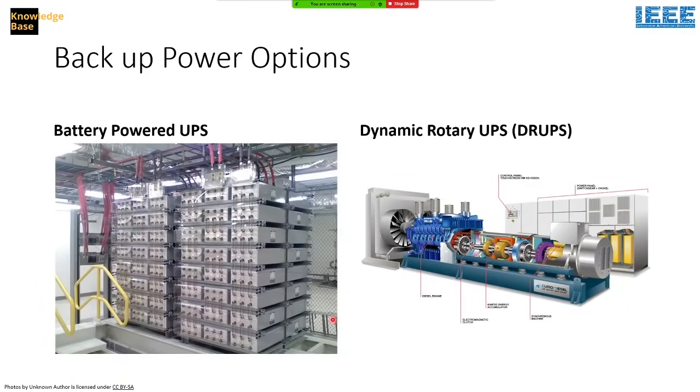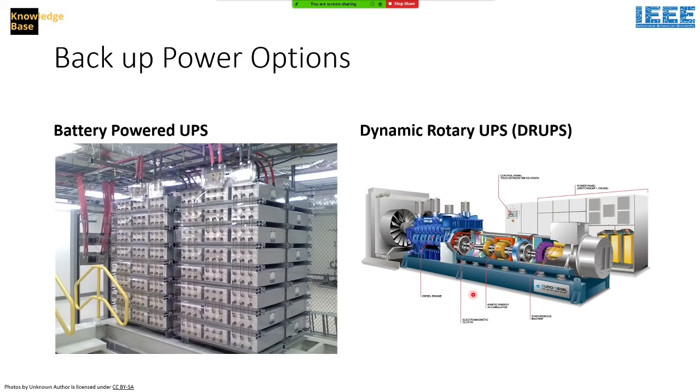Now, when we talk about the UPS, there is another option, so two options. One is the battery powered UPS that we all know and talk about. We have a battery, and if the power is off, the battery will supply an oscillator and it will generate a sine signal that will feed your data center. Now there's another type of UPS, the dynamic rotary UPS.